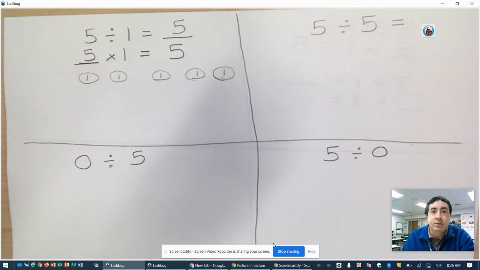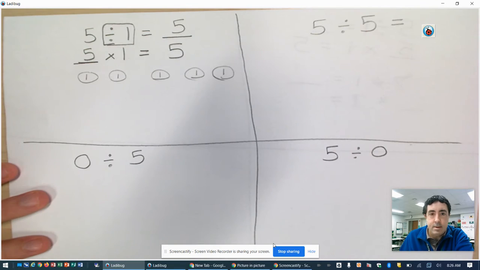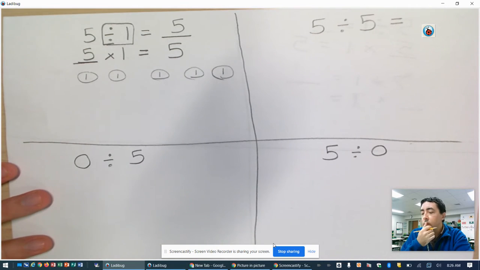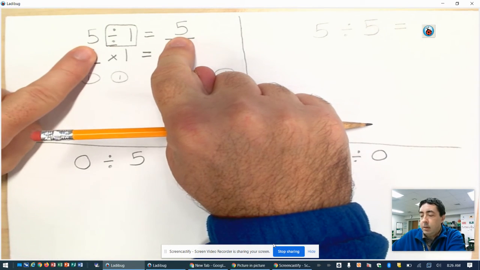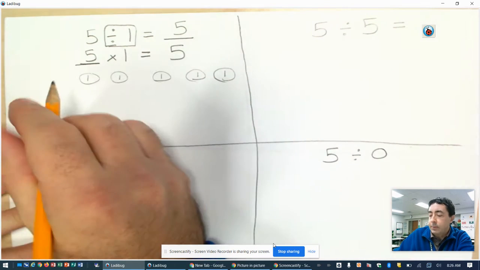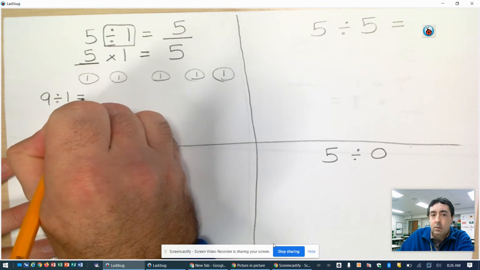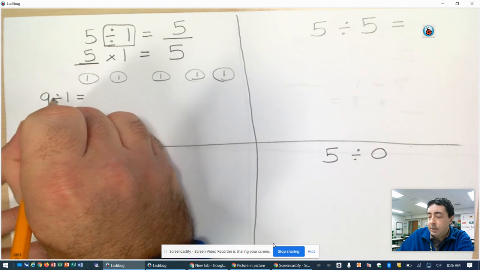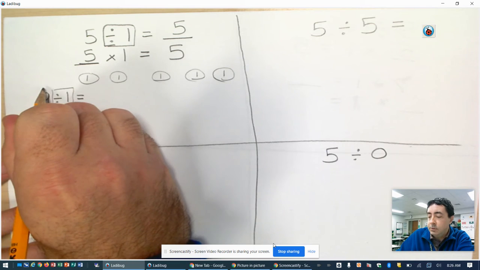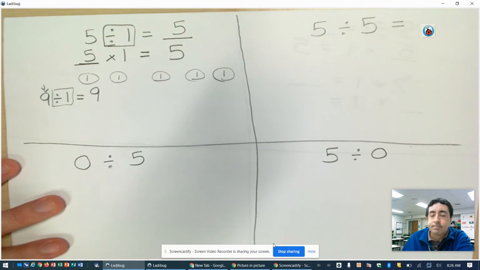Basically, any division problem where you are dividing by 1 is going to leave you with the number that comes first. See that? So for example, if I have 9 divided by 1, the answer, because I'm dividing by 1, is going to be the first number. So 9 divided by 1 is 9.